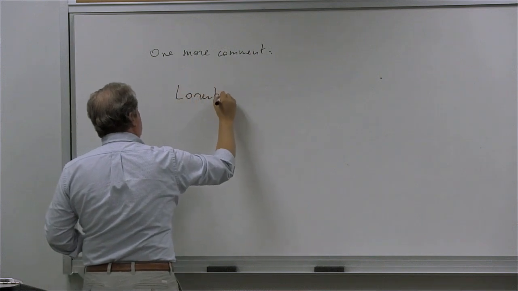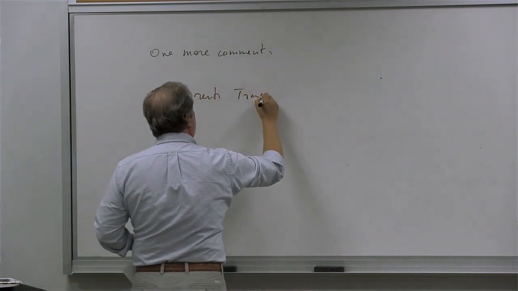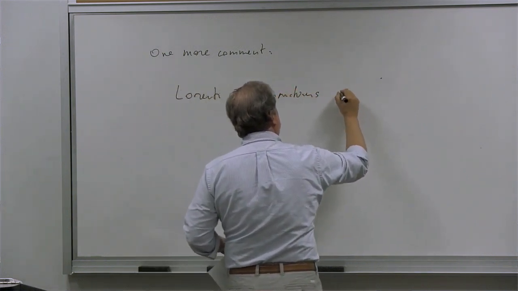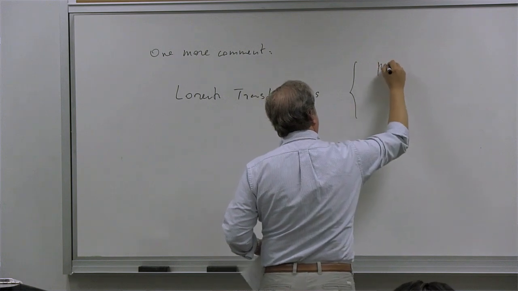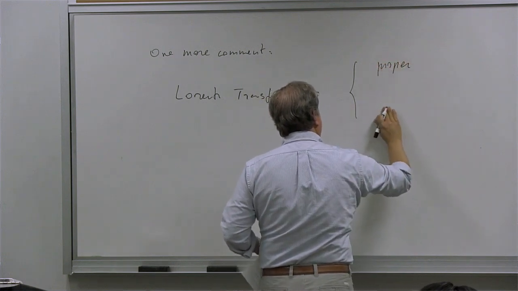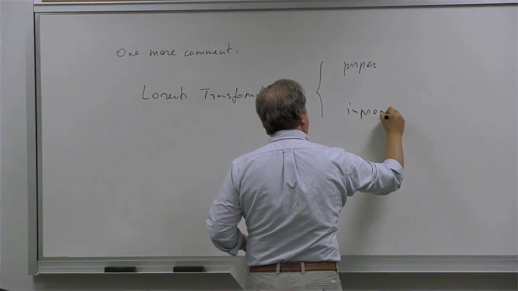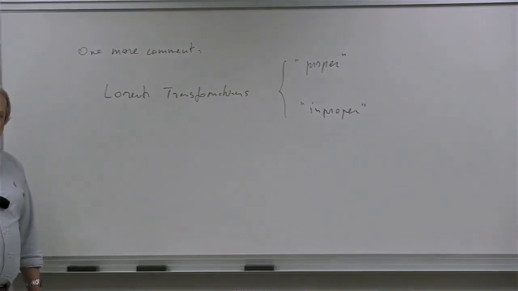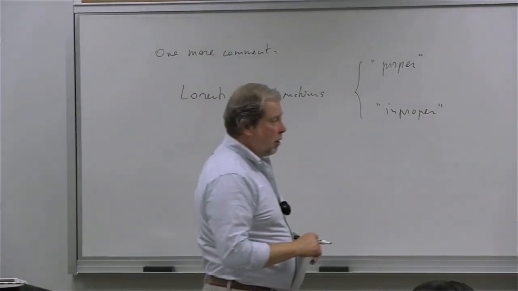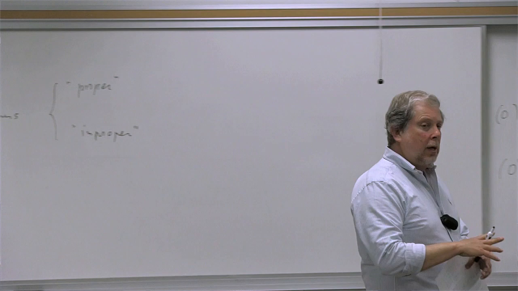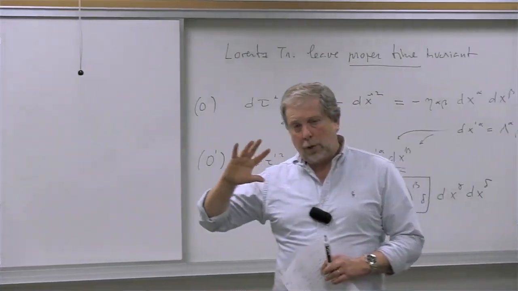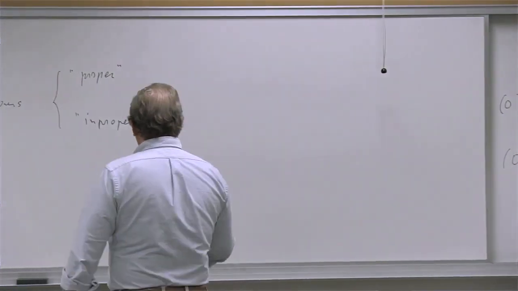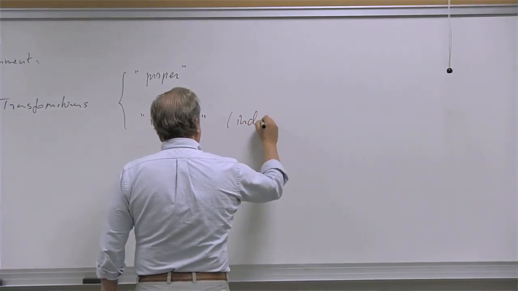Lorentz transformations can be proper or improper. So the proper ones are the ones that, well, the mathematical term is that they're continuously connected to the identity. So it means that it's actually a smooth rotation, and when you take the velocity to 0, it becomes the identity. The improper ones are the ones that include odd things.